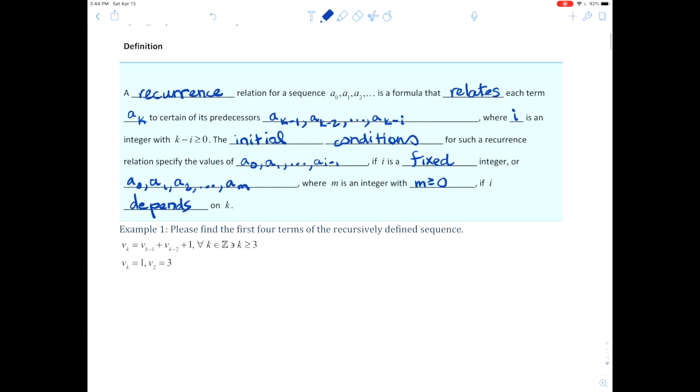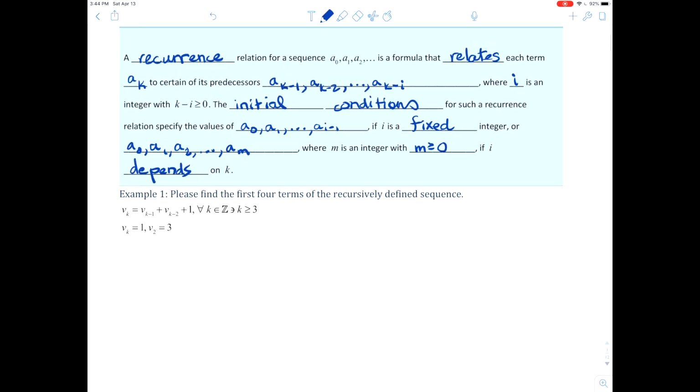So here we go. Looking at an example, what we want to do is find the first 4 terms of a recursively defined sequence given by this formula. You guys should be getting pretty used to the notation. The upside down A means for any. The integers are denoted by this Z here.